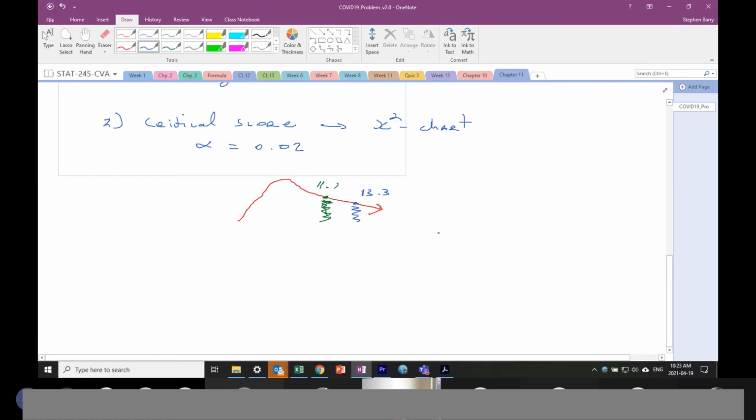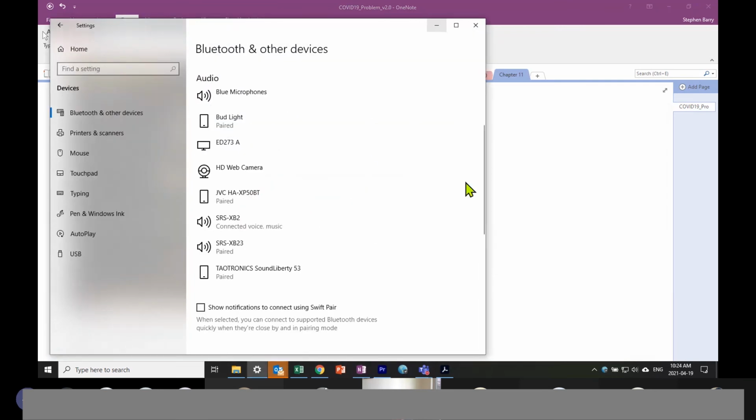It doesn't pass any of these tests. This one, 0.025 as an alpha value. Okay, and then 0.02 would be somewhere in here. Anyways, the point I'm trying to make here is that we don't have an exact value.